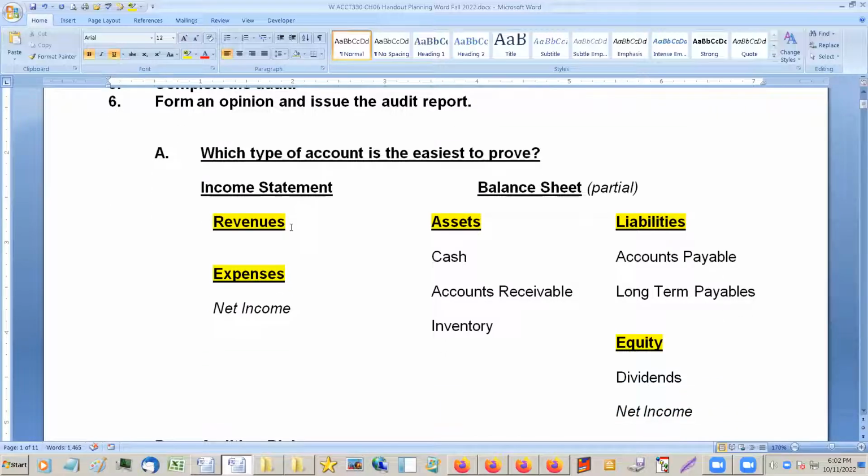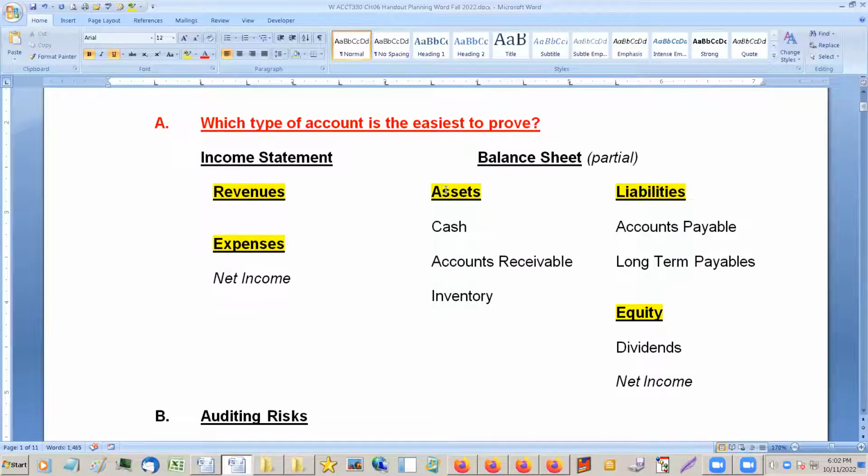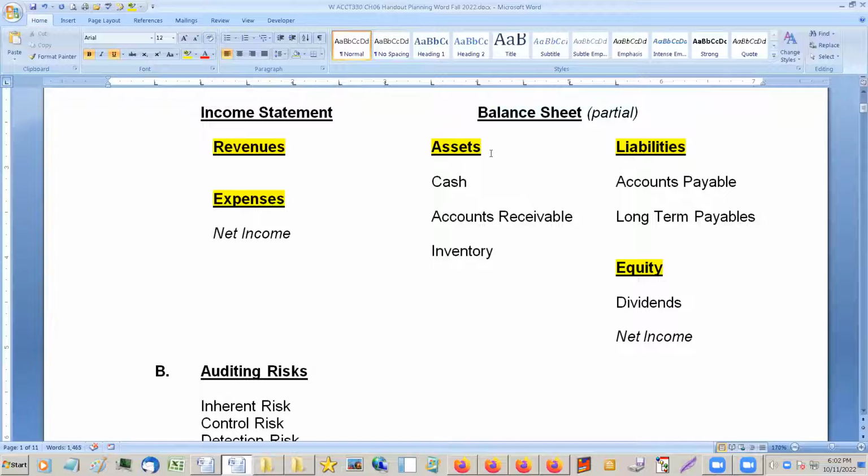Now, basically, everything in accounting can be boiled down to 5 general types of accounts. Revenues are money coming in, expenses are money going out. Assets, stuff that has a value. Liabilities, stuff that we owe.